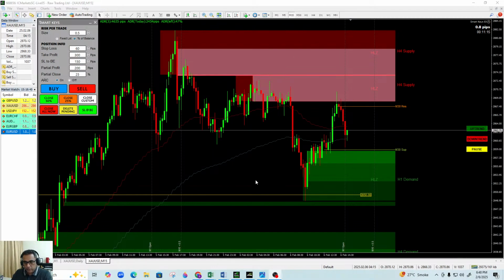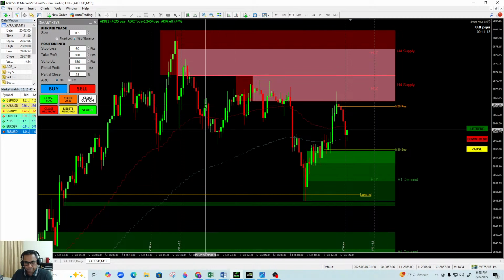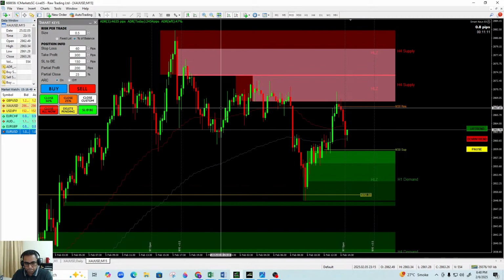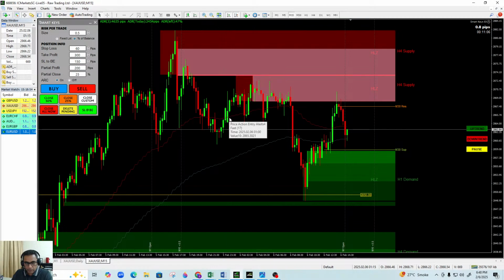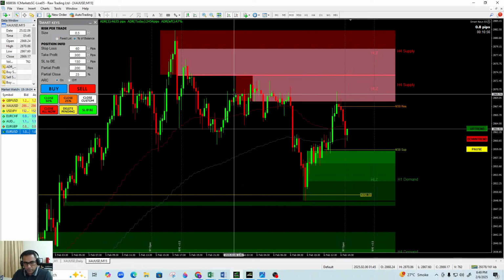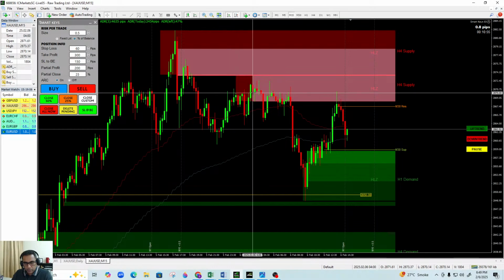All right, let's look at what price has done. That's the daily candle open, and the daily candle open price is 2864.28. So we opened here, pushed up, and that's the Asian high.